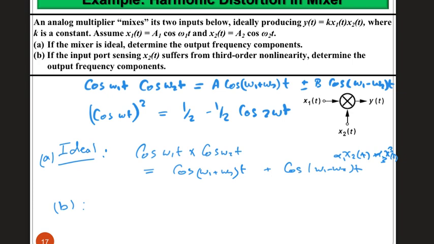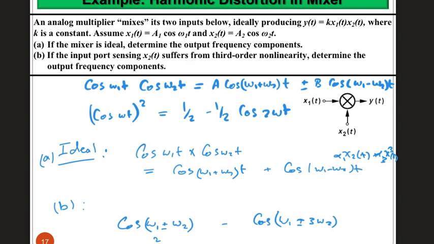Omega 1 plus omega 2, omega 1 minus omega 2, and then omega 1 plus or minus 3 omega 2. So you'll have components at the plus and minus of omega 1 with omega 2, so these are two terms, and then you will also have omega 1 plus or minus 3 omega 2. This is the second case.